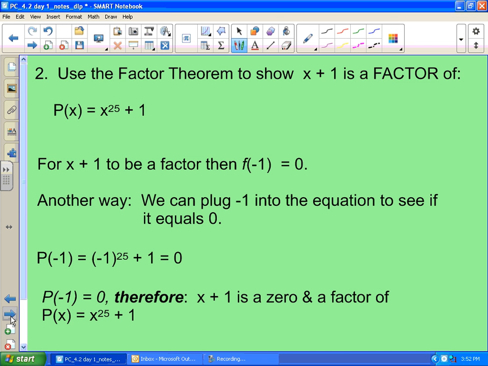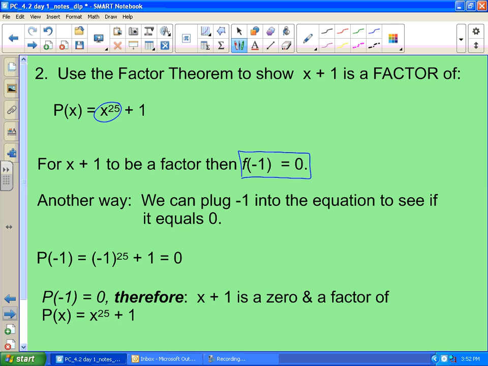All right, what about something where I've got a big gap? I've got a 25th power on my x and then all the way down to a constant. So I'm missing the 24th all the way down to the first power. I don't want to set up synthetic division for this. So this is where we consider direct substitution.